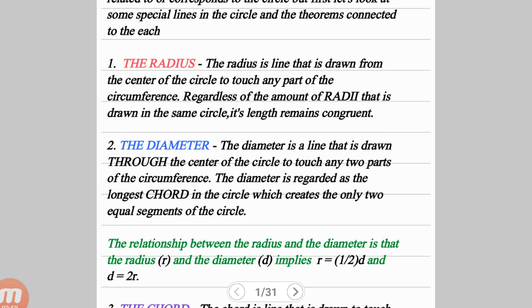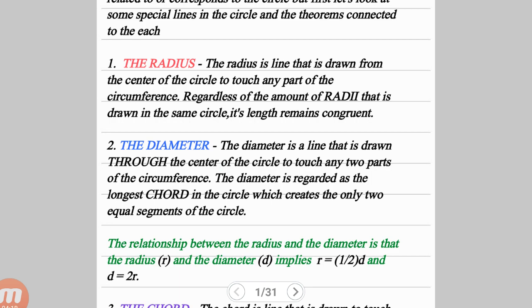Regardless of how many radii may be drawn within the same circle, the length remains congruent. It means that all the radii drawn within one circle will have the exact same measurement.